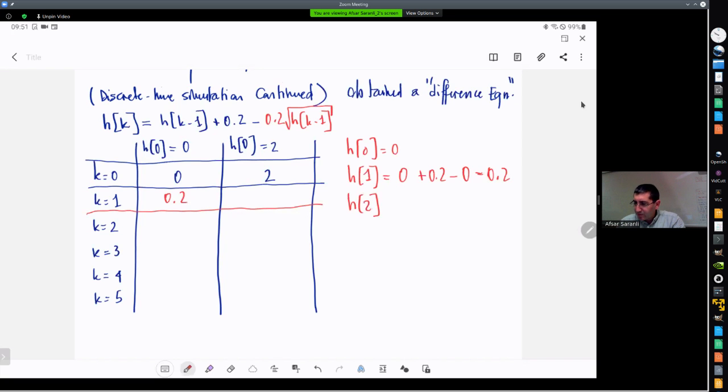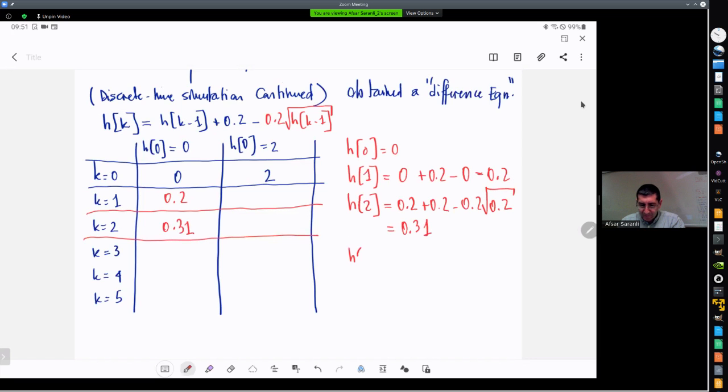At time 2, k is equal to 2. Again, the equation tells me that I need to start from hk minus 1. So that's going to be 0.2 plus 0.2 minus 0.2 times square root of 0.2. Okay, so if you make the calculation, 0.31 is what we end up with here.